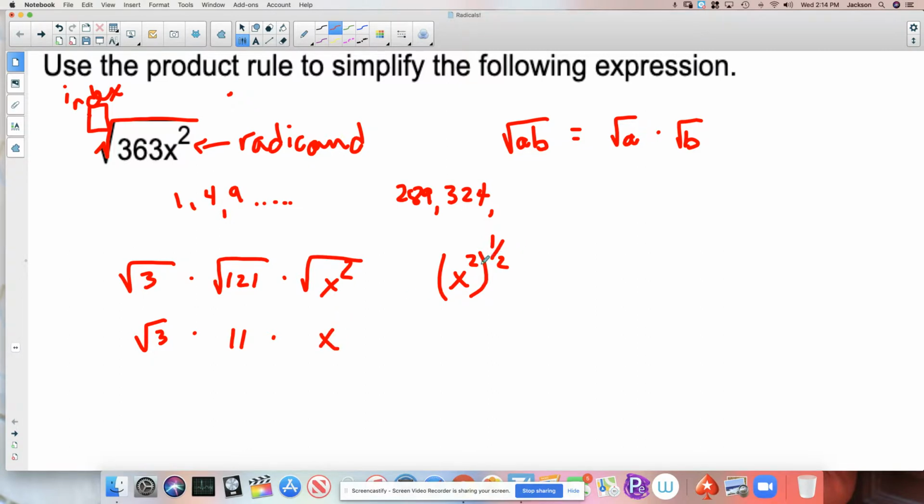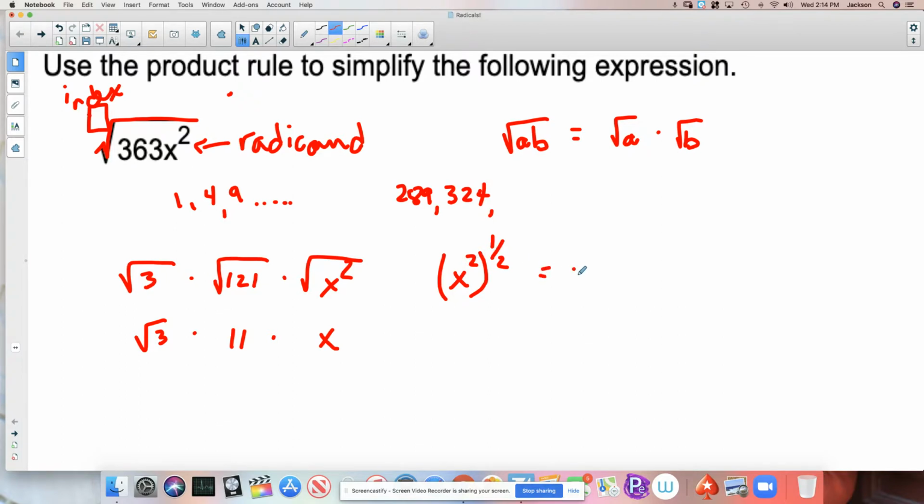But a different way to think about this, for when the indices change or when the power is bigger than 2, is that a radical can be written as a fractional exponent, where whatever the index of the radical is goes on the bottom. Because this is a square root, I put a 2 here. If we were dealing with a cube root, I'd put a 3. And you should know your exponent rules, that powers of powers get multiplied.